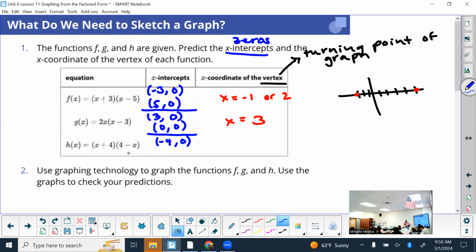I know this is like a reverse order, but class, what should the other x-intercept be? 4. Okay, because they put the x second, so you could think about it as 4 minus x, or -x plus 4. I don't know how to say it right now without telling you the answer. So just know that that one should be 4.